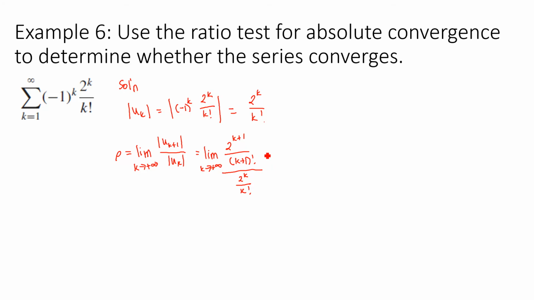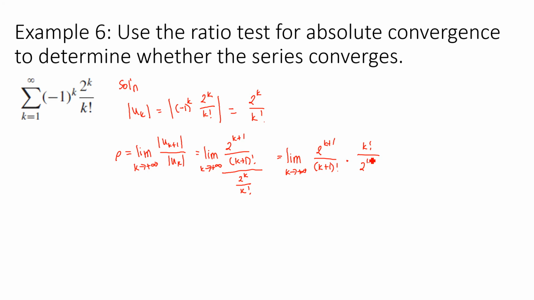In that case, we have the limit of 2 raised to k plus 1 over the quantity k plus 1 factorial, multiplied by k factorial over 2 raised to k, as k approaches positive infinity.